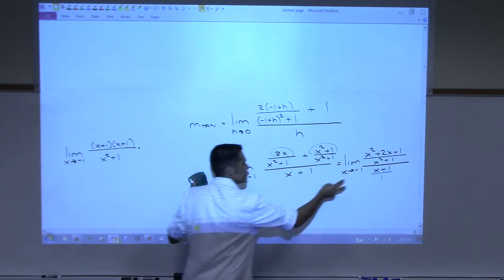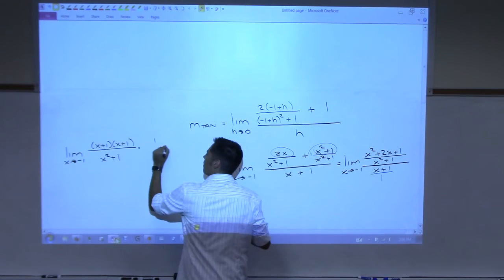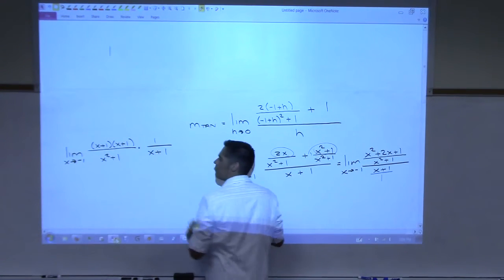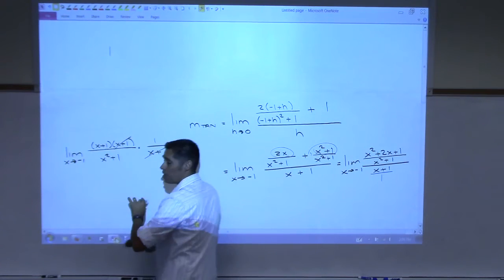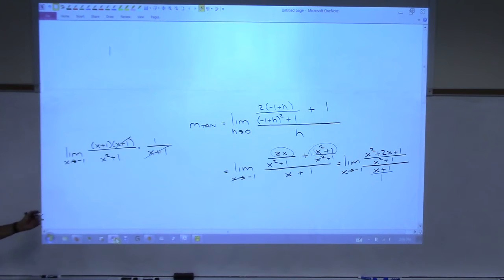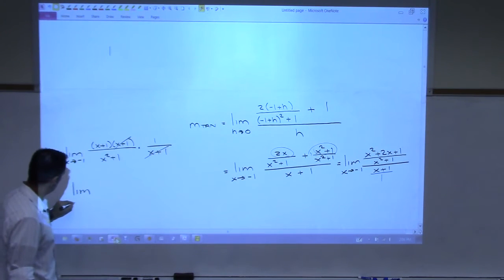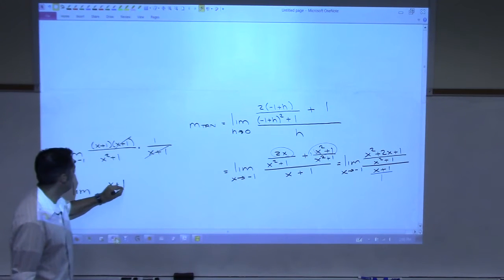Now, flipping this up, division of a fraction, same as multiplication of the reciprocal, that would come up here as 1 over x plus 1. And I get one of these x plus 1s to cancel, which was the goal for that to happen. Which leaves me with a final result: limit x goes to -1 of x plus 1 over x squared plus 1.